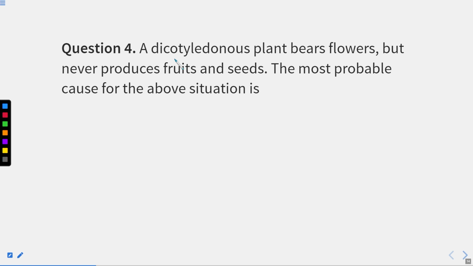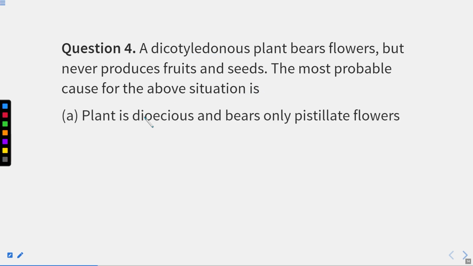Now let's talk about question number 4. A dioecious plant bears flowers but never produces fruits and seeds. The most probable cause for the above situation is, okay, they've given you this option: the plant is dioecious and bears only pistillate flowers.